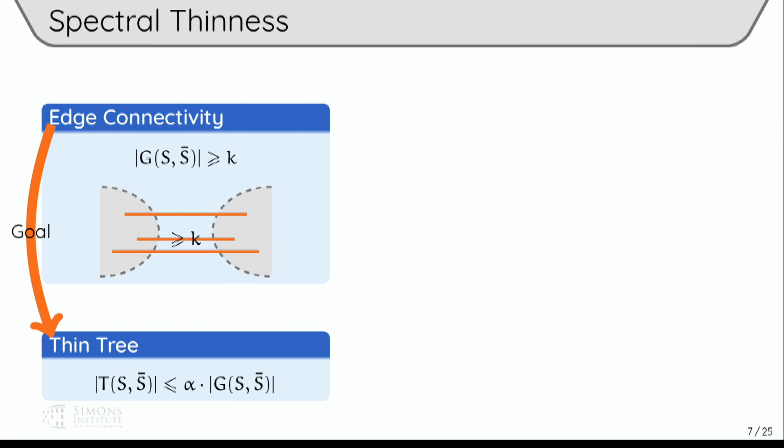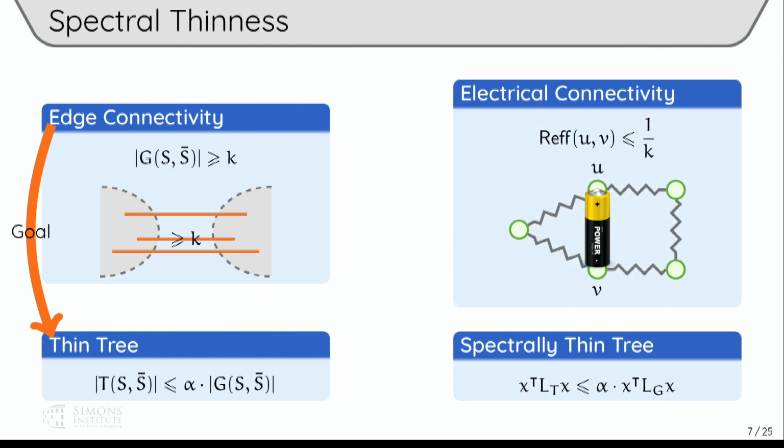Goddyn's conjecture wanted to go from some necessary condition, connectivity, to the existence of thin objects. Now, if you look at spectrally thin trees, you can make a conjecture on the spectral side. On the spectral side, something which is necessary is some spectral form of connectivity that I'm going to talk a little more about.